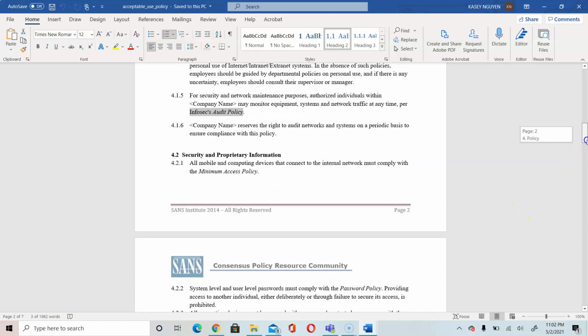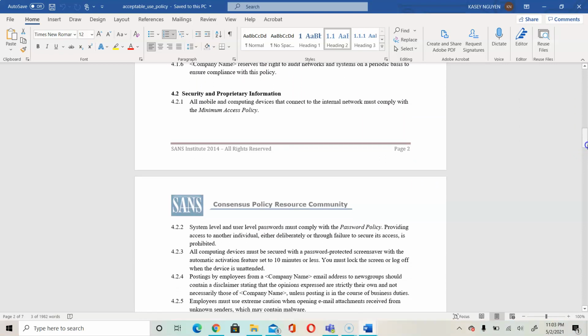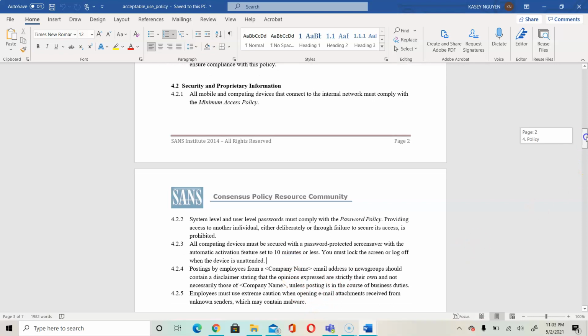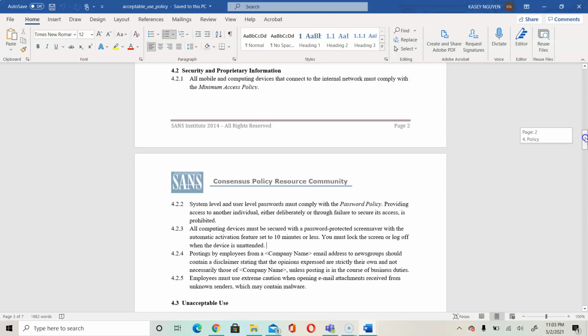In the area of mobile devices, we want to explain the rules that would be applied and how passwords would be implemented, and we can reference the password policy, which states more specifically how passwords would be used. Then we can list all the things that would be acceptable.